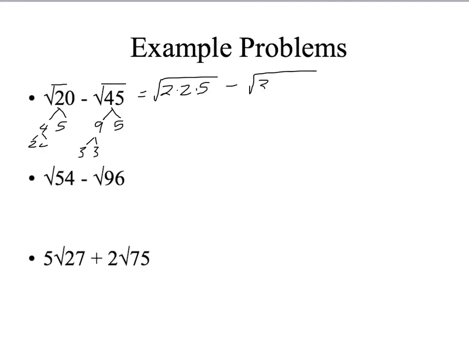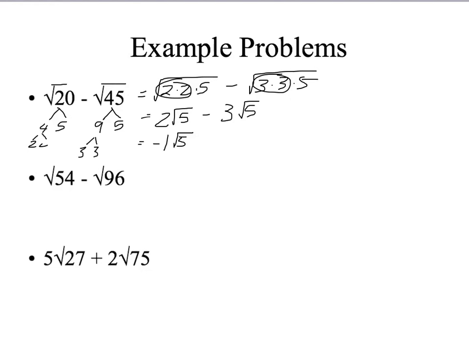The square root of 3 times 3 times 5. Here we have a pair we can pull out, so that's 2 square root of 5. Here we have a pair we can pull out, so that's 3 square root of 5. 2 square roots of 5 minus 3 square roots of 5 leaves me with a negative 1 square root of 5. Okay.